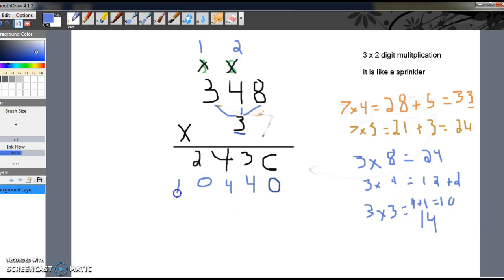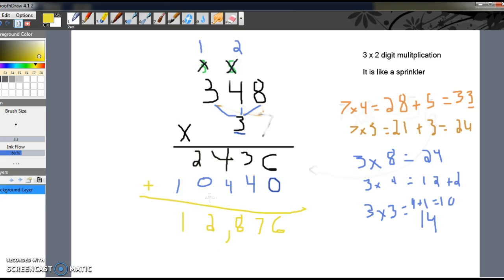So I just put it in my answer right there. Then I add down. 6 plus 0 is 6. 3 plus 4 is 7. 4 plus 4 is 8. 2 plus 0 is 2. And 1 plus nothing is 1.